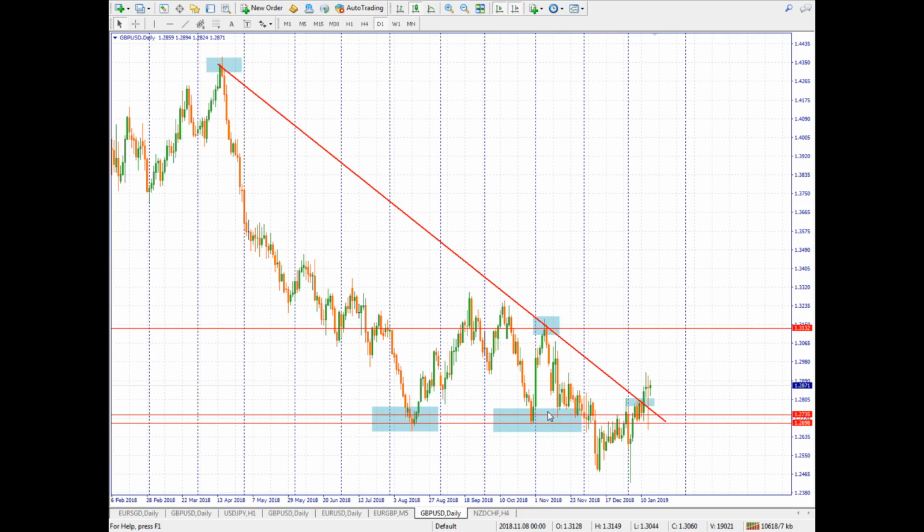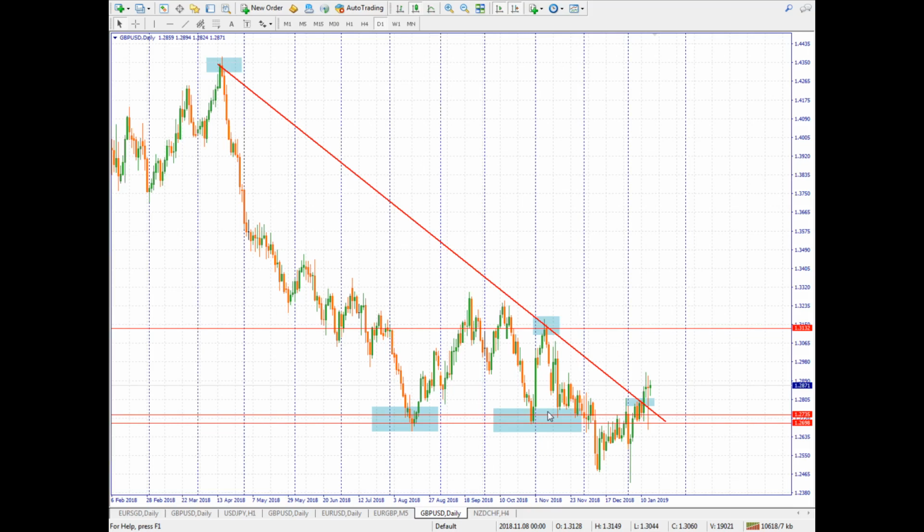We also had another support here, and another support at this point there, and then another support here, and the last one where the price is now here.